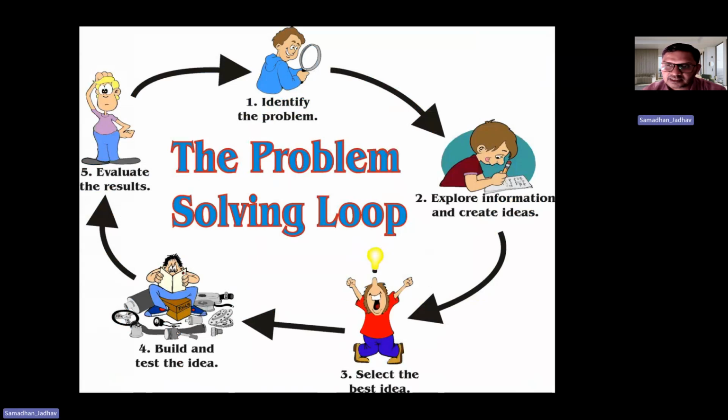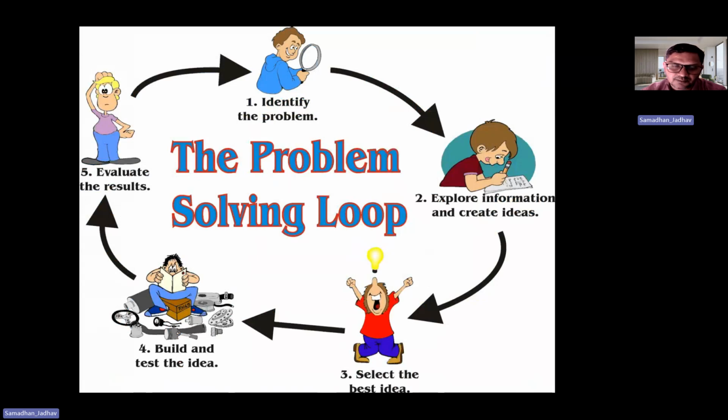In step two, we try to understand that problem by exploring the information, by creating the ideas, and then when we get some idea to solve that problem, maybe one idea or more than one ideas, then we decide which idea to implement, which is the simplest one, easiest one, and then we build or implement that idea or solution.